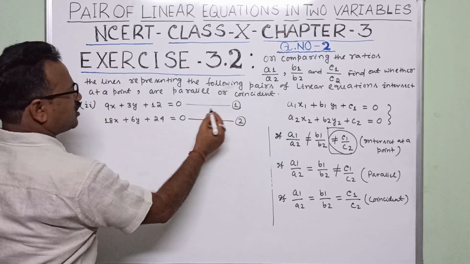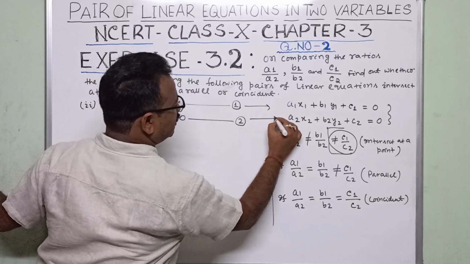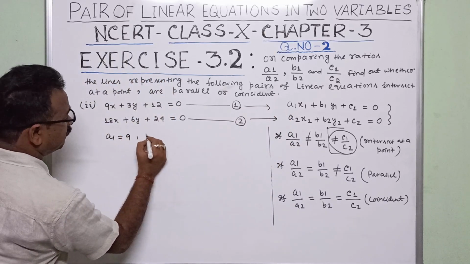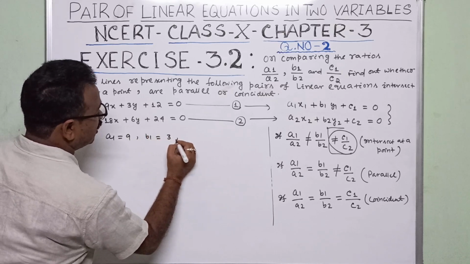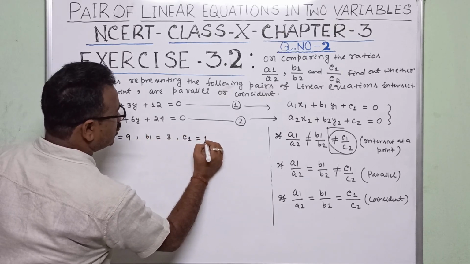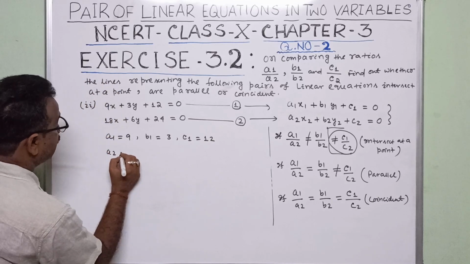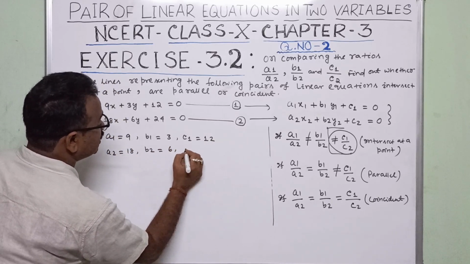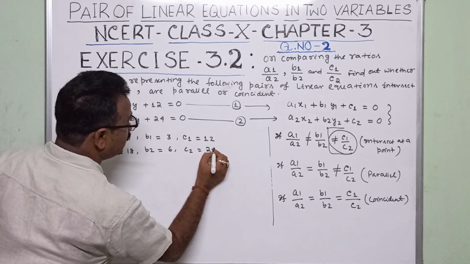Comparing, we get a1 is equal to 9, b1 is equal to 3, c1 is equal to 12, and a2 is equal to 18, b2 is equal to 6, c2 is equal to 24.